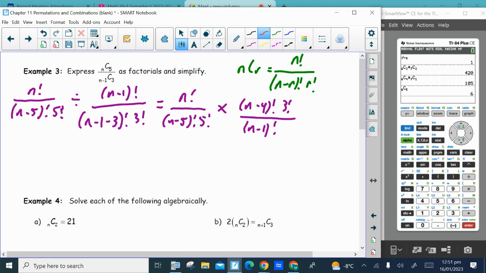So that's my first step. I'm going to take the n factorial and expand it to n minus 1, and we could go on forever, but we're stopping at n minus 1 and putting a factorial there because I have an n minus 1 factorial on the bottom of the second part.